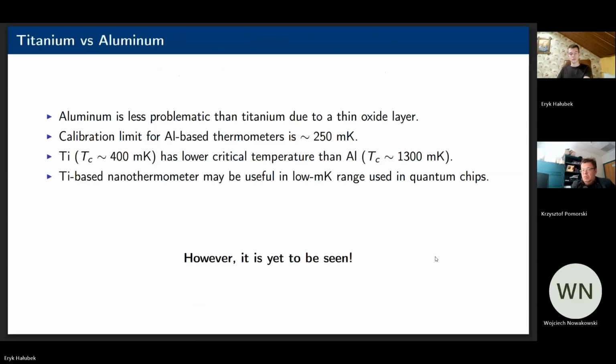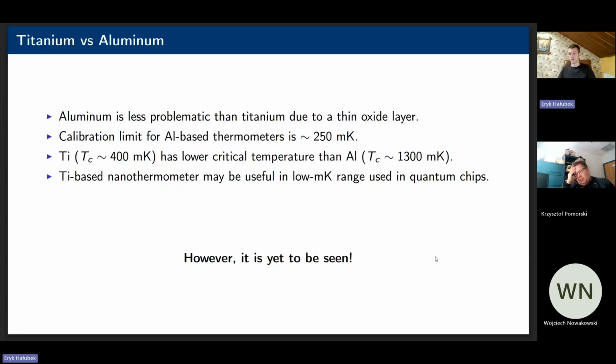So you wanted me to say something about the critical temperature. The critical temperature of titanium is highly dependent on how you prepare your film, because it depends on the rate at which you evaporate it.